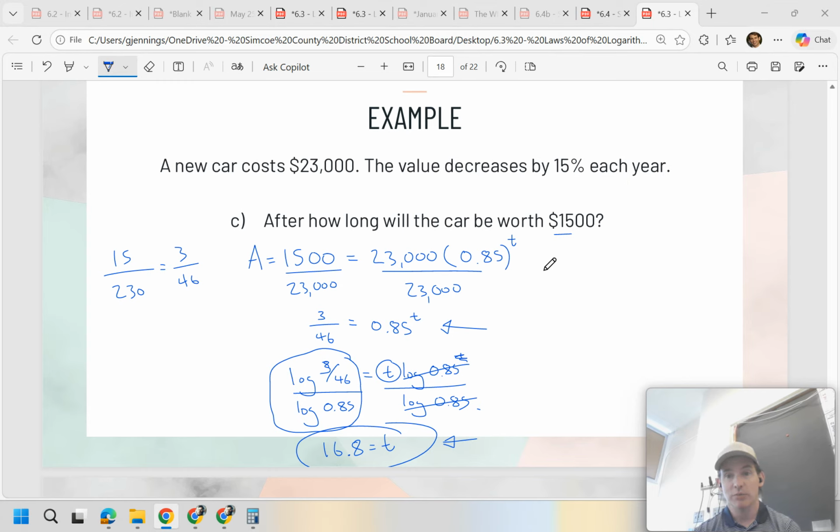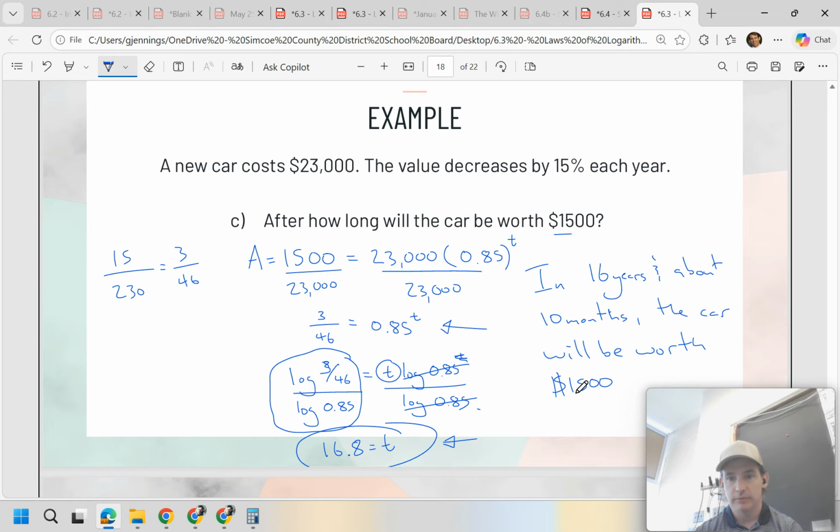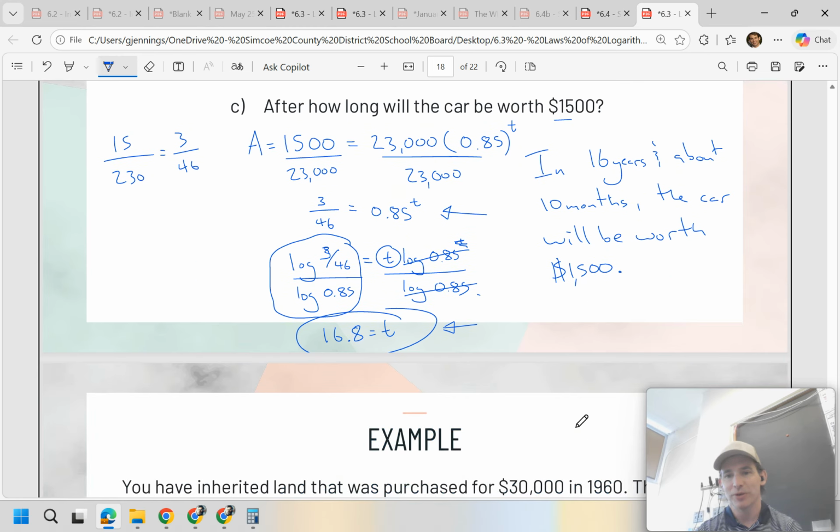So then my sentence might be, in 16 years and about 10 months. Okay, that's how we would approach those.